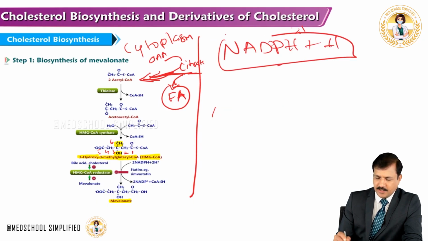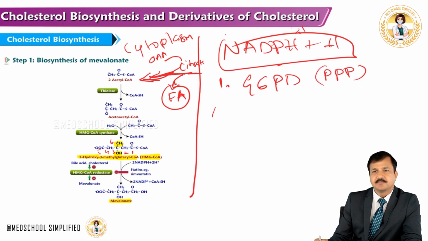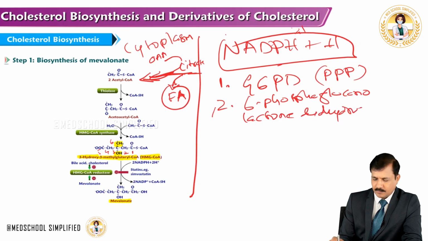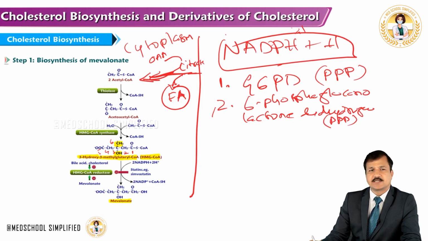So sources of NADPH H plus: one is G6PD, glucose 6-phosphate dehydrogenase, which is a pentose phosphate pathway enzyme. Second is 6-phosphogluconolactone dehydrogenase, that's the second enzyme.